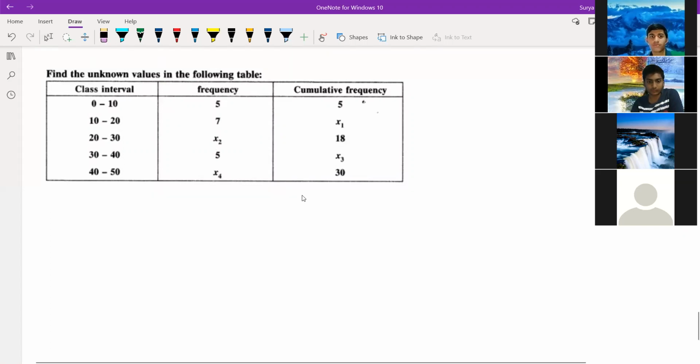Then 18, then 6. x2 is 18 plus 8, 26. x3 equals 23, 18 plus 5 is 23. x4 is 23 plus 7, which is 30.